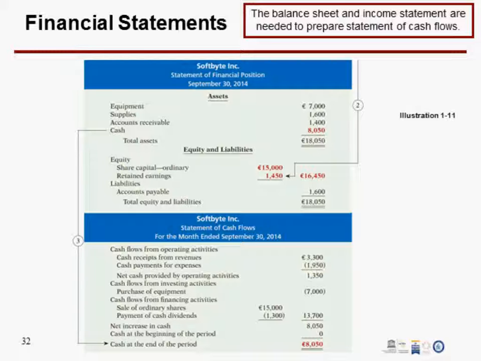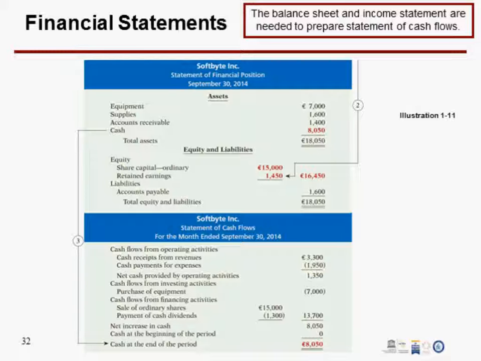So adding all this: the cash from operating activities is 1,350, the company spent 7,000 to purchase equipment, and through financing activities, net 13,700. The sum of the three activities comes to 8,050.